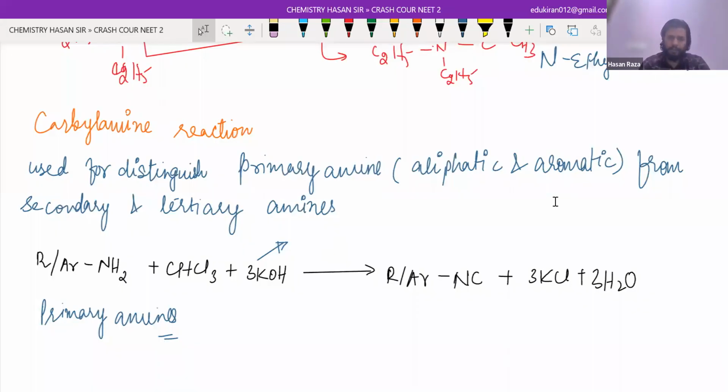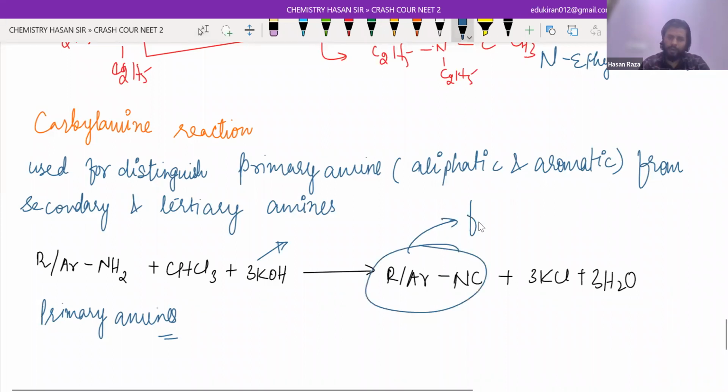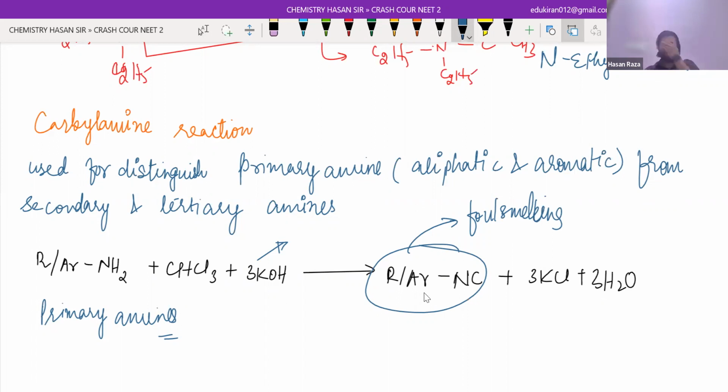And this substance is bad smelling or foul smelling. It is isocyanide, or it is called carbylamine.